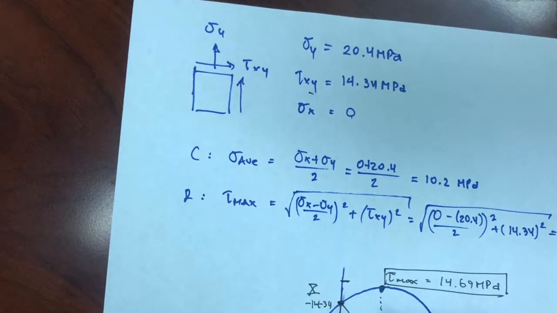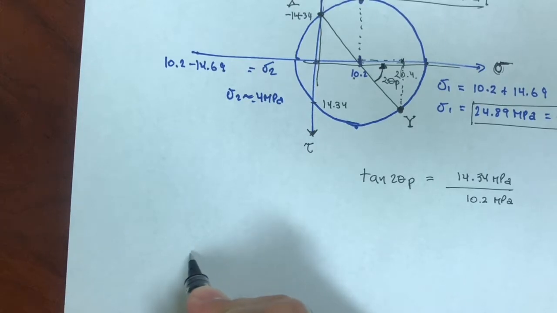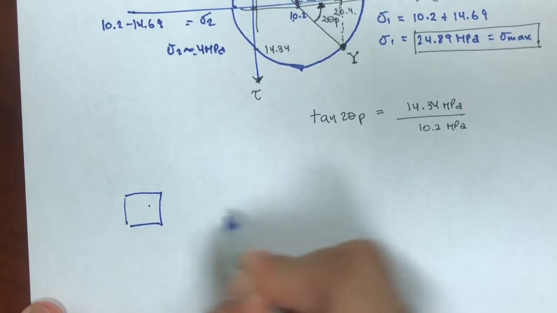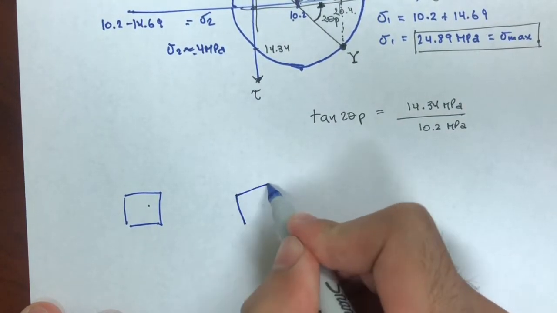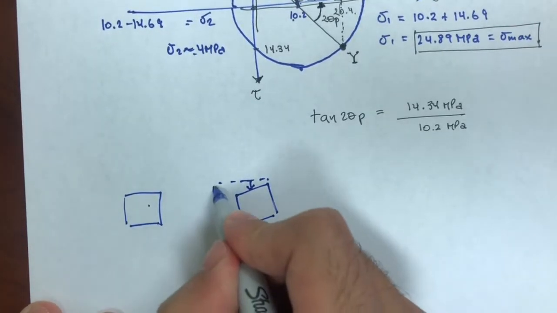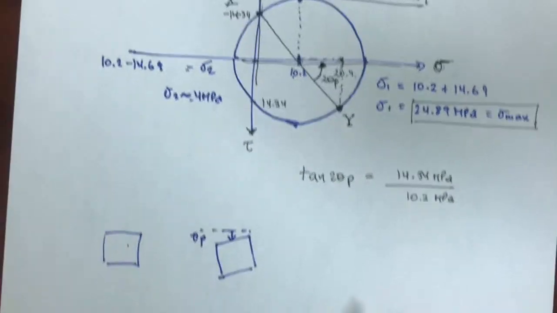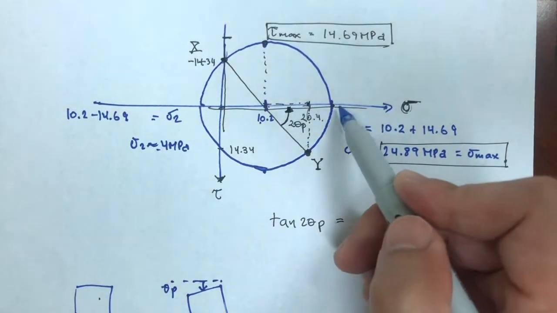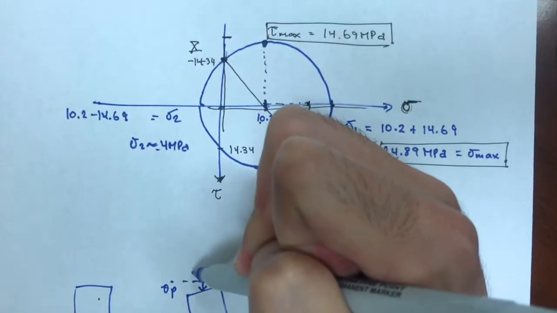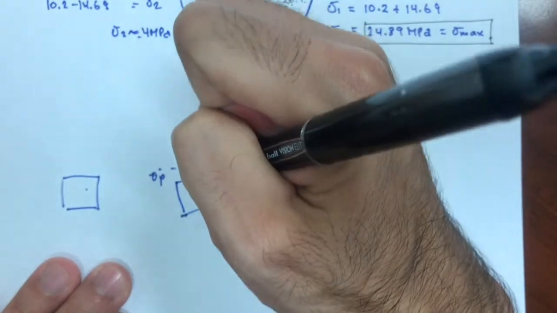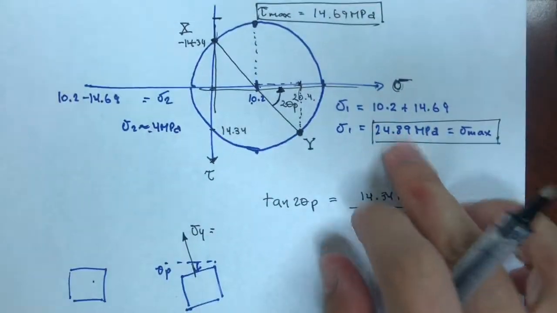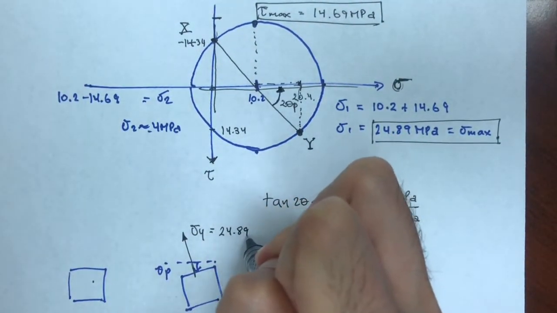So basically, I have this situation. If I have my original stress element here, and I already know what theta p is, and I know that that is going to be counterclockwise, at that angle theta p, I would find a sigma y that is now the maximum and positive, sigma y equal to this maximum value, 24.89, right?